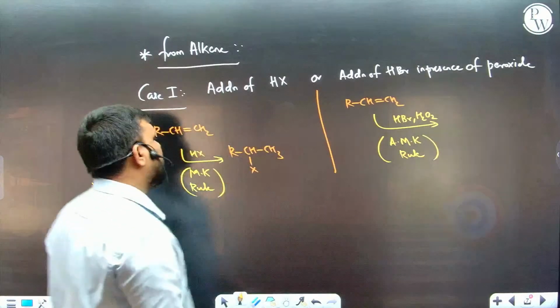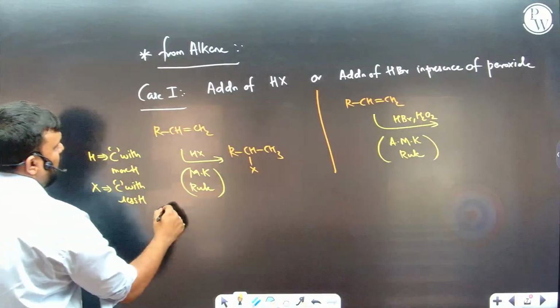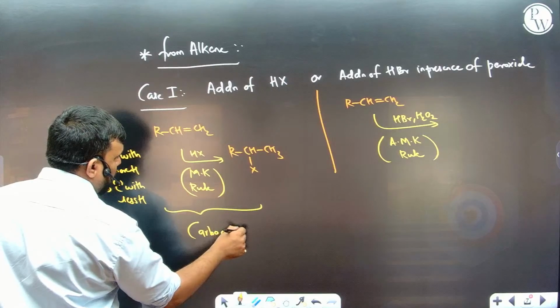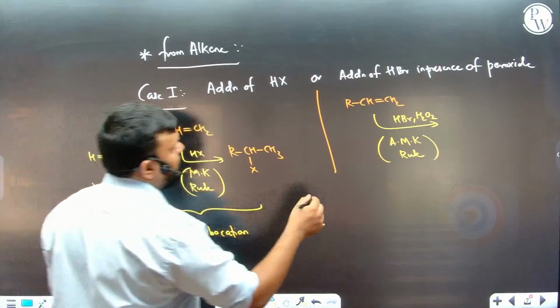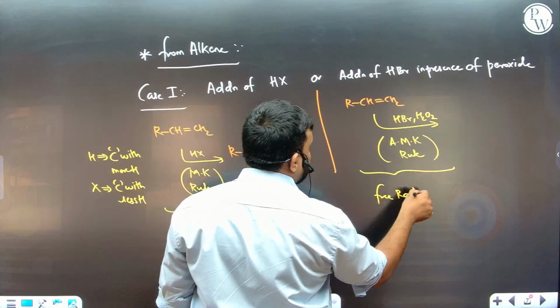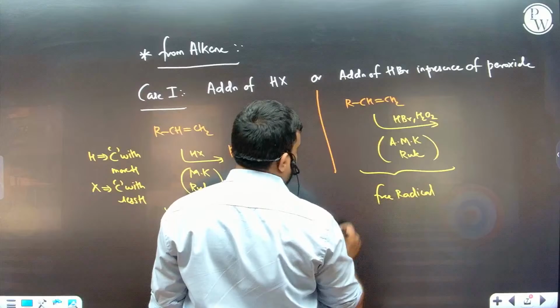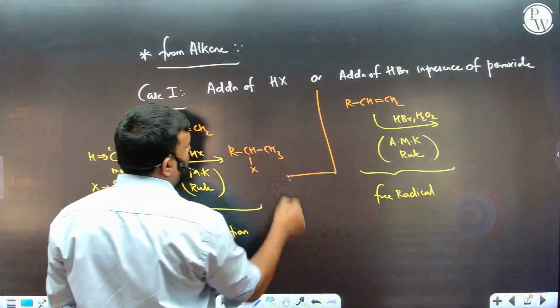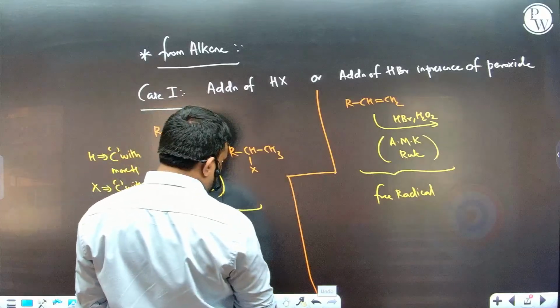So what is the difference? Basically here there will be carbocation mechanism, and here there will be free radical mechanism. That is the basic concept over here, free radical. And in this you can see there will be anti-Markovnikov rule. And what is anti-Markovnikov rule?